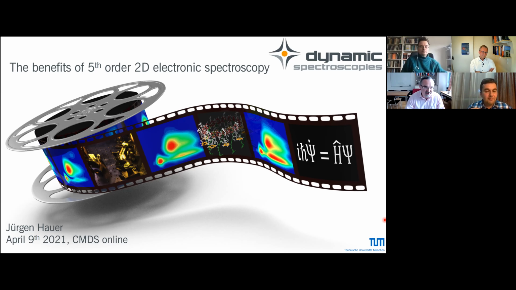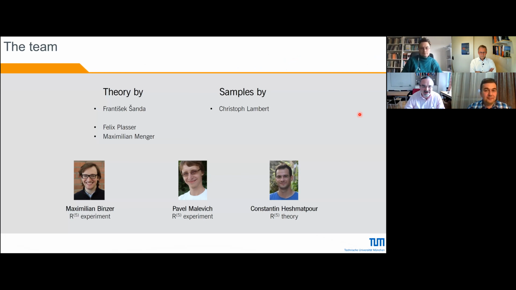But first, a little bit about the people behind this. This work, like most 2D spectroscopy, heavily relies on theory support. And when you go for higher order interactions like fifth order, you better have a good theory team ready to understand what you're doing. Our main collaborator is František Šanda in Prague.